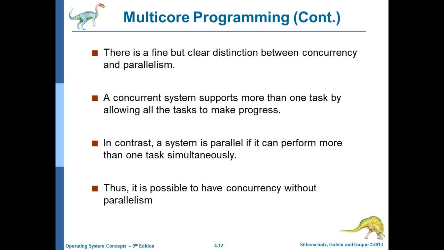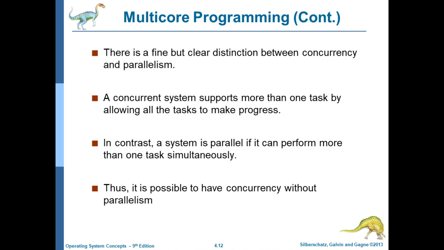For example, a single-core processor can run multiple threads by switching between them quickly. This gives the illusion of simultaneous execution, but in reality, only one thread is running at a time.